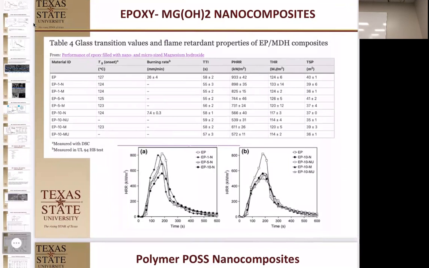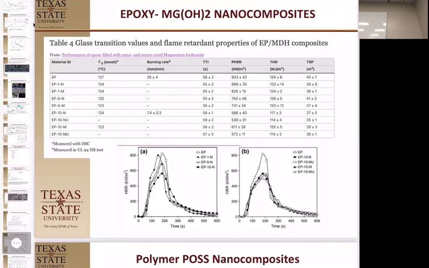Significant difference in that heat release, from, it's 400 kilowatts lower than the virgin, and it's still maybe 50 kilowatts lower than the macro size material. So there's still something happening here.